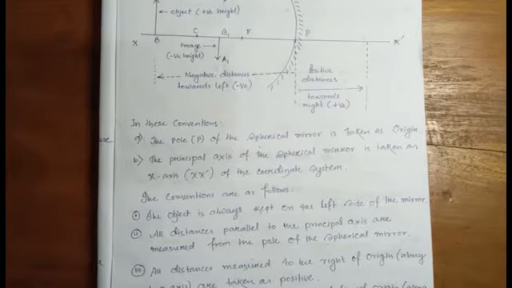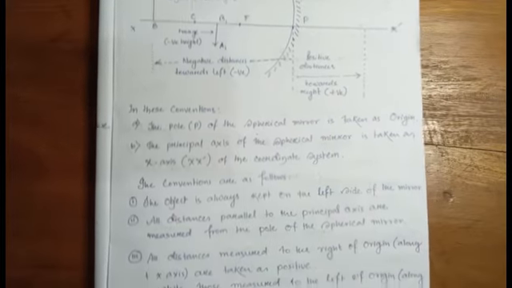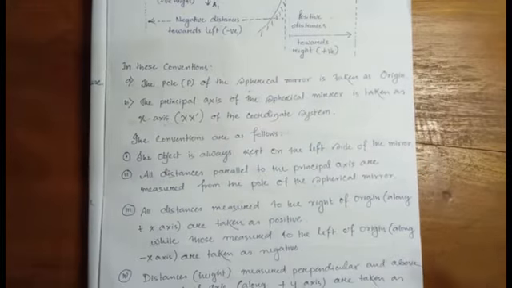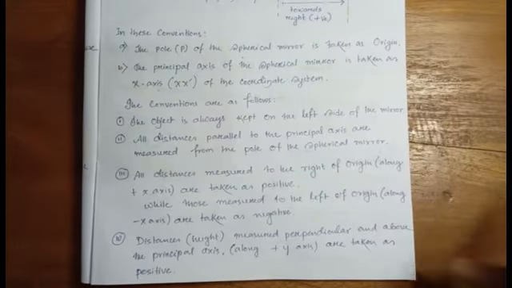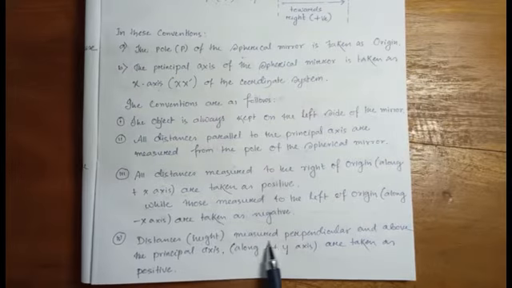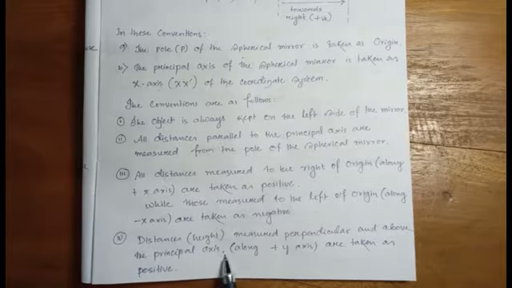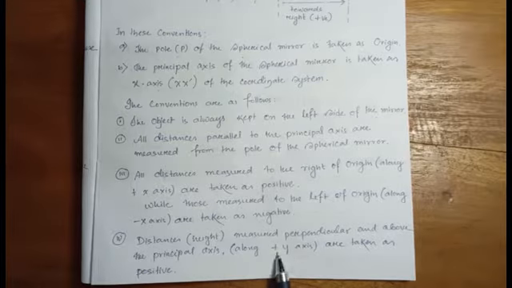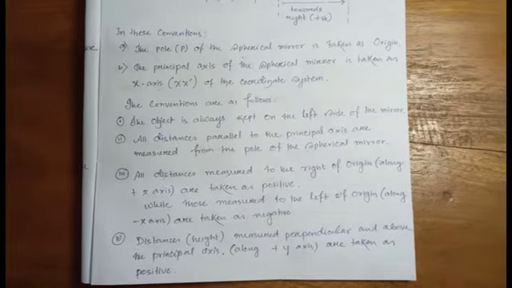Number 4, the distance, that is the height measured perpendicular and above the principal axis, that is along the positive y-axis, is taken as positive.